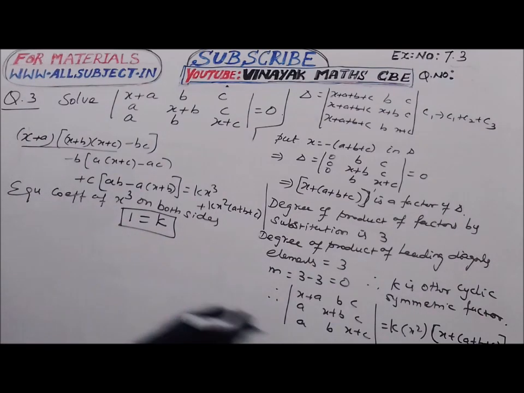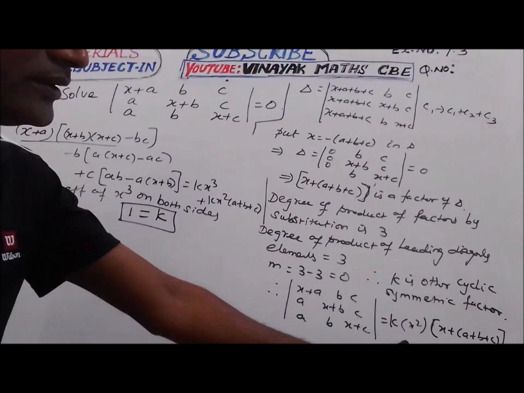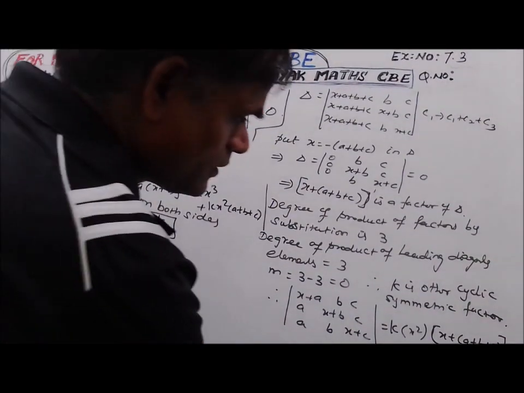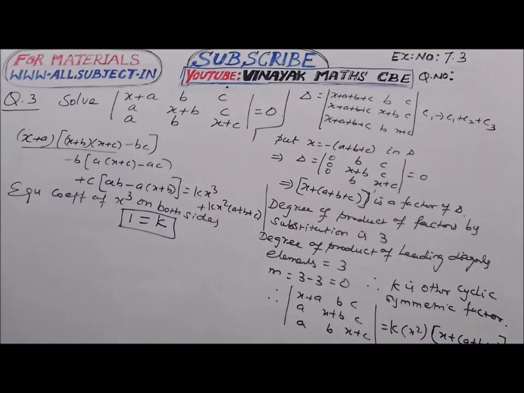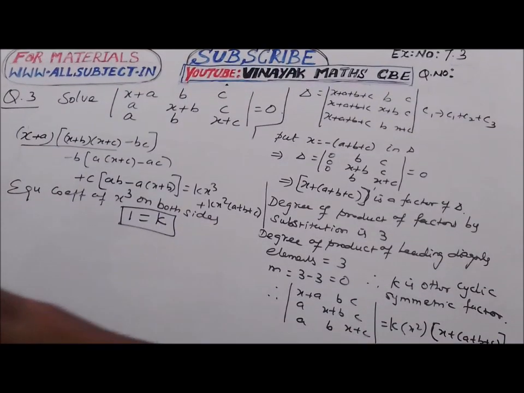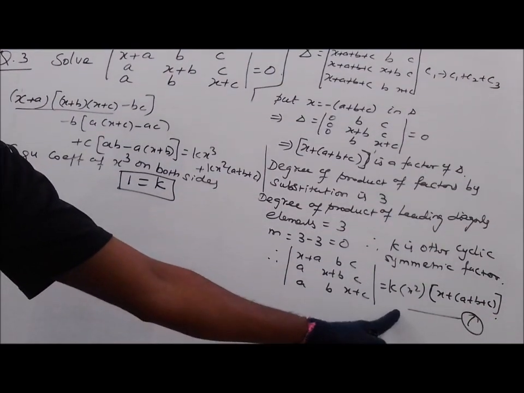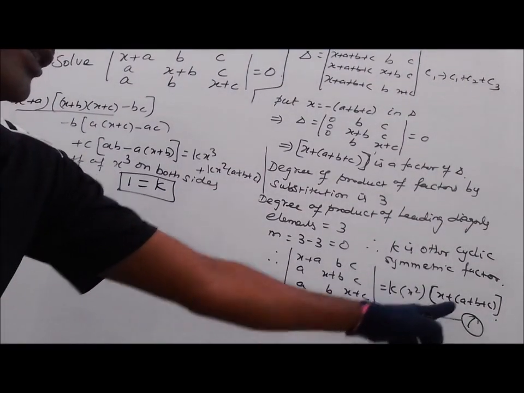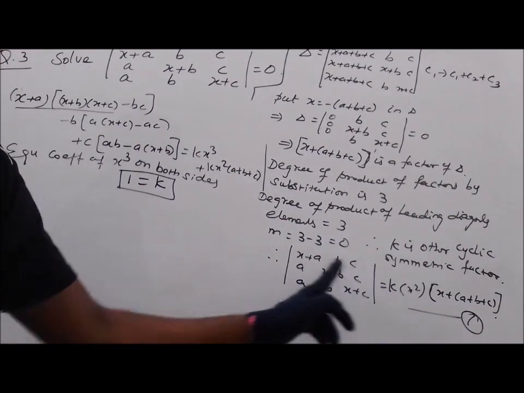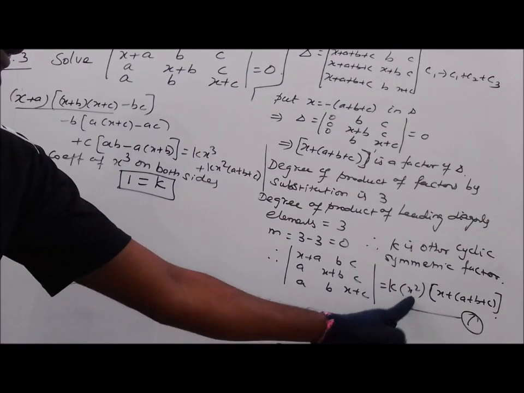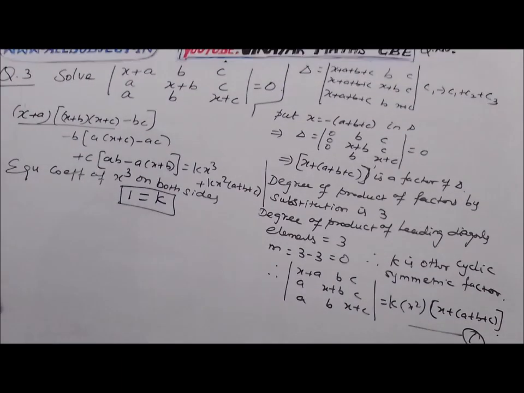So substituting k equal to 1 in equation number 1, k into x square into (x plus a plus b plus c), we have the determinant equal to x square into (x plus a plus b plus c).